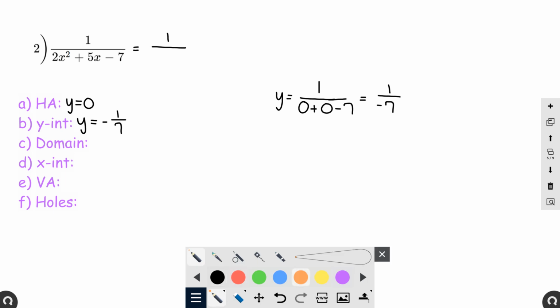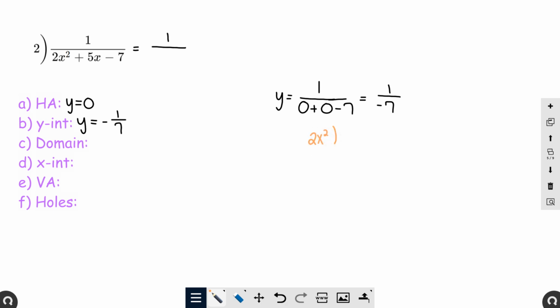Good. And this is why I have this extra room to the right side of my paper. I'm doing all that extra work over here, and I'm just writing my answers down. So we multiply our 2x squared times negative 7, which gives us negative 14x squared, which equals blank times blank. And then it's got to add to be 5x.